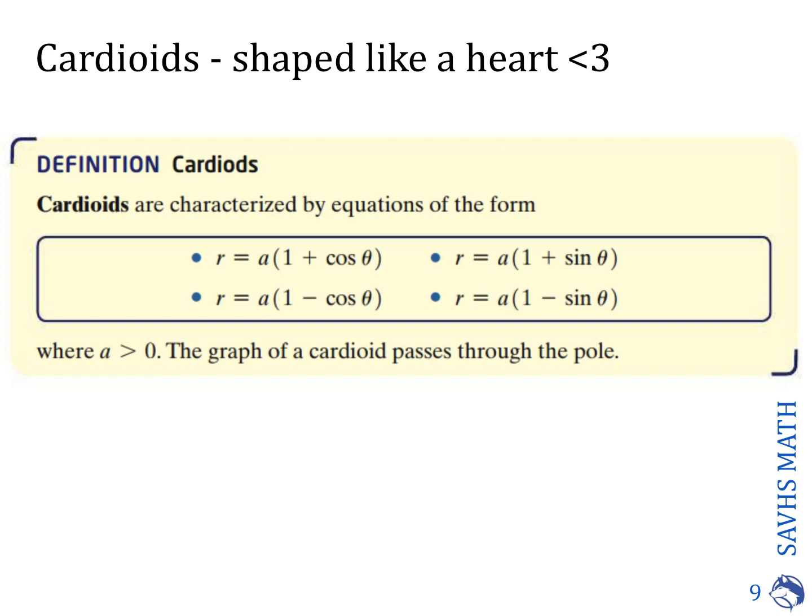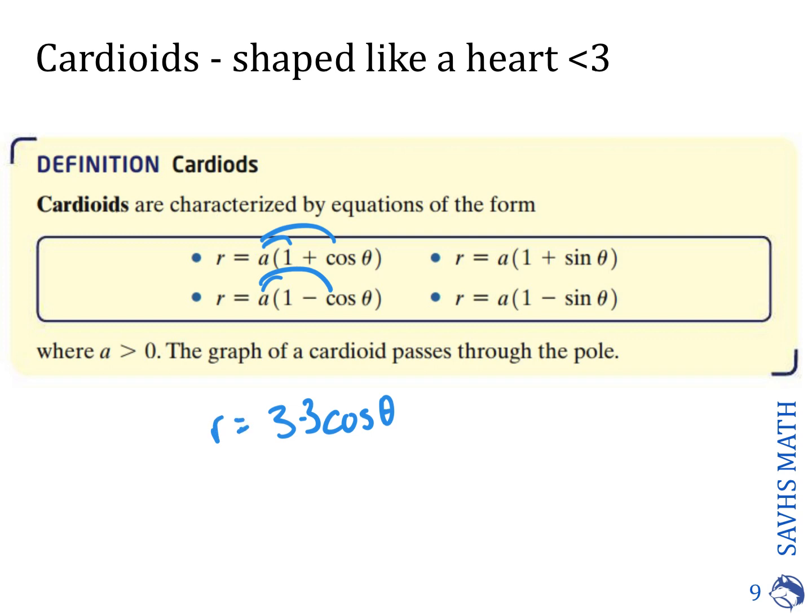You'll see that cardioids have this form for equations. You'll have to do a little bit of experimenting, but generally, if you see something like this, a lot of the time you'll see that this a value is distributed through here. If you have a 1 plus or a 1 minus, or like a 3 minus 3 cosine of theta, that's also a cardioid.